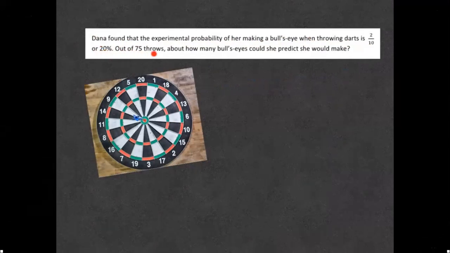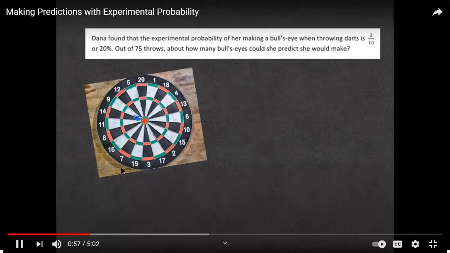Out of 75 throws, about how many bullseyes could she predict to make? Normally she makes it 2 out of 10 times. Instead of only going 10 times, if she throws 75 arrows, how many times should she get right here in the center to make a bullseye?